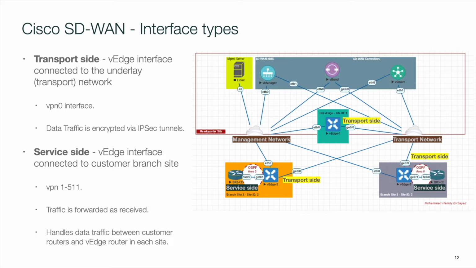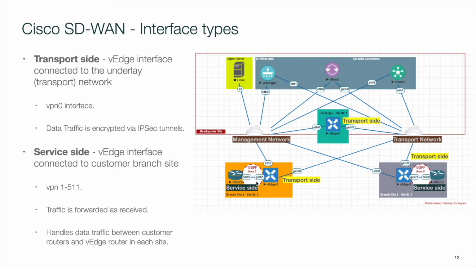Another interface type is the service side. Service side is the vEdge interface connected to the customer branch side. In the topology, we have a vEdge router connected to another branch CE router via interface GigabitEthernet 0/1.